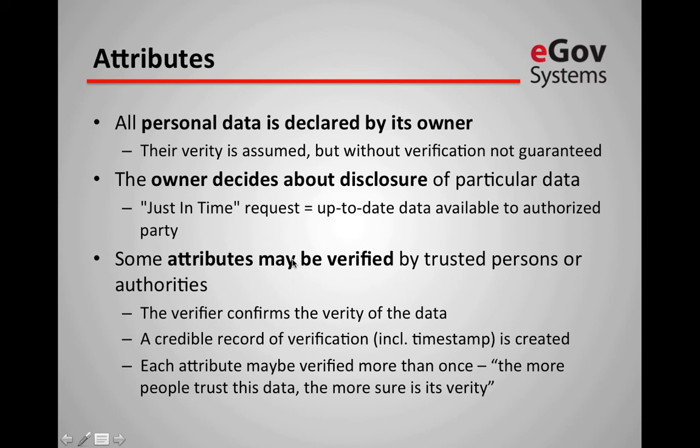The attributes may be verified by other verifiers, and about this verification, a credible record is created, including a timestamp, and each attribute may be verified more than once. That means I may get my name and address verified by several institutions, and the more the same data is verified by several persons, the more trusted it may be for third parties.